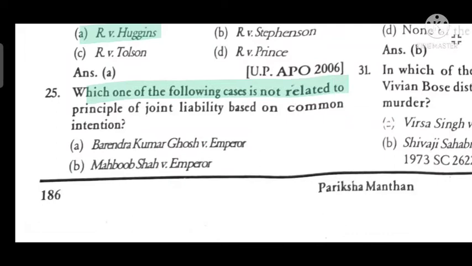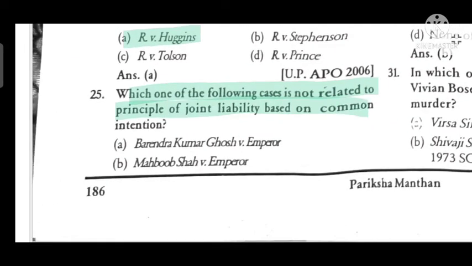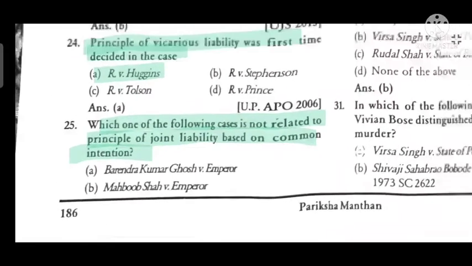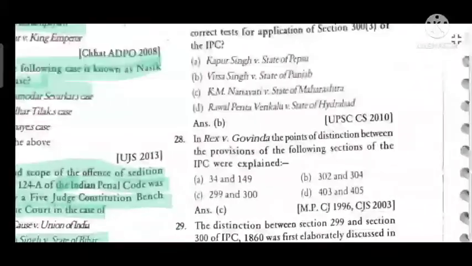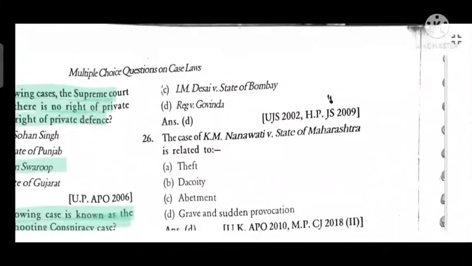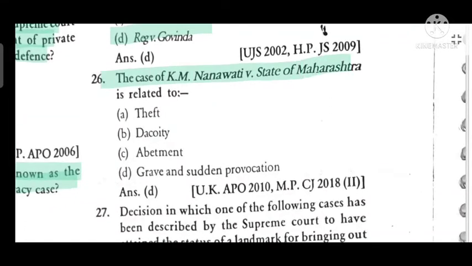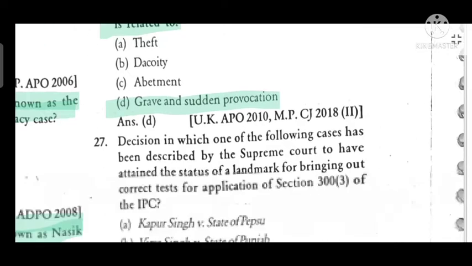Which one of the following cases is not related to the principle of joint liability based on common intention? Adig versus Govinda. The case of KM Nanavati versus State of Maharashtra is related to grave and sudden provocation.